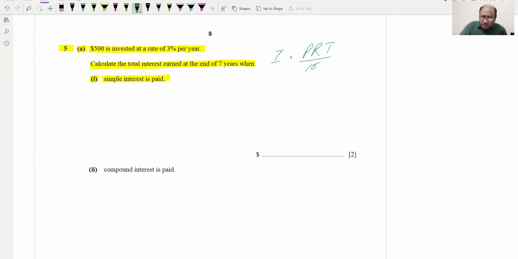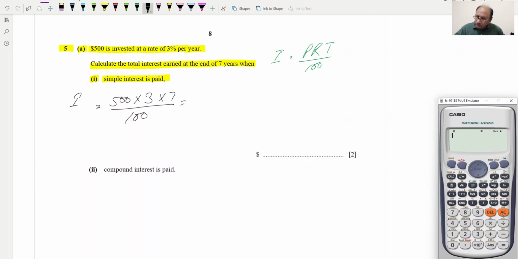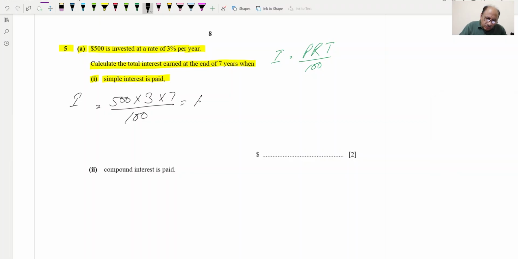So we will be applying PRT over 100, and this will be equal to P, the principal amount, which is $500, multiplied by rate, which is 3%, into duration, which is 7, over 100. This is 500 multiplied by 3 multiplied by 7 and divided by 100, which will be equal to 105. So interest will be 105 for this one. It is a 2 mark question, which we have done.